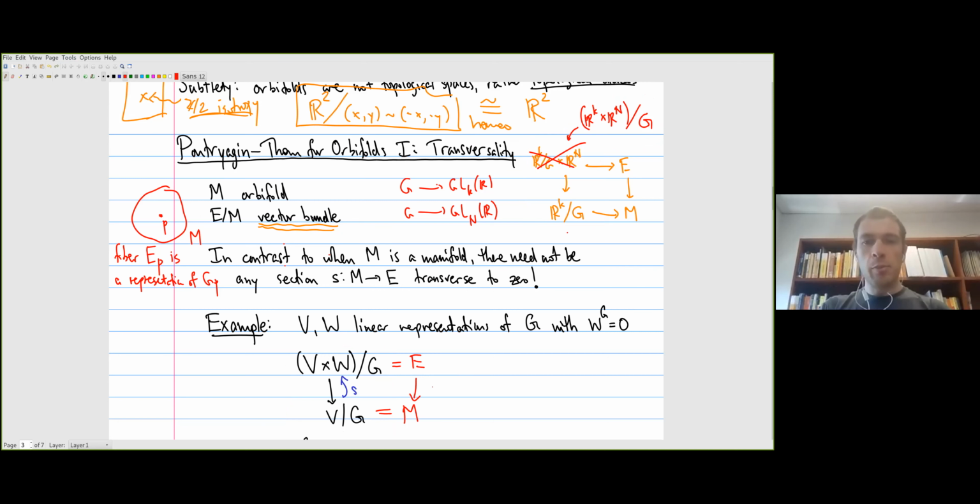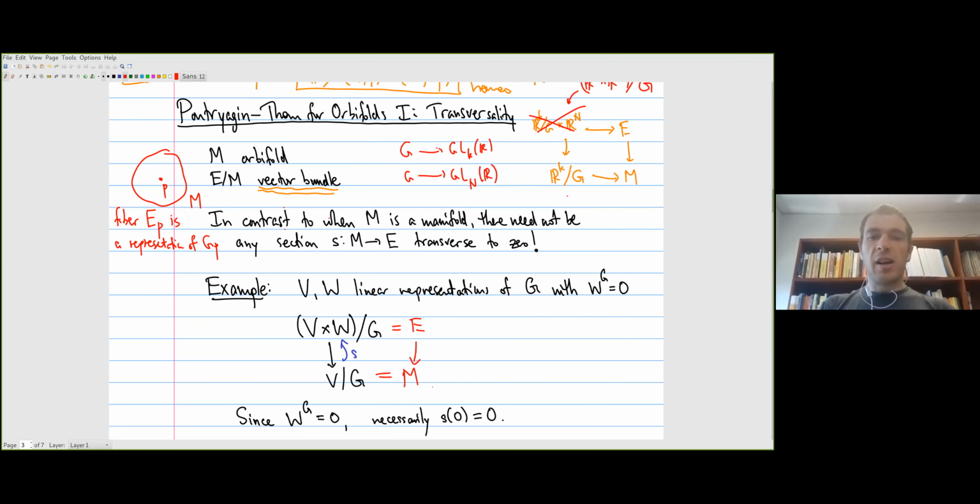So we look at a section. A section like this has to vanish at 0, because I'm just going to choose any two representations of G, and I want the second one to have 0 invariant part. There are no invariant vectors.